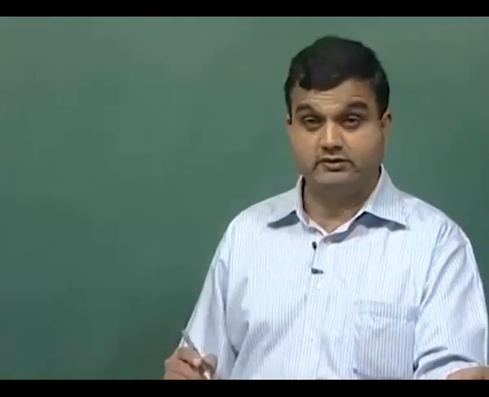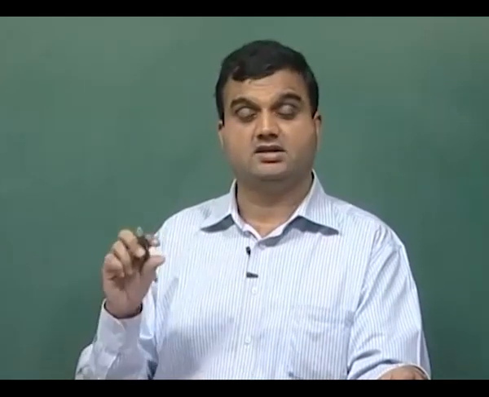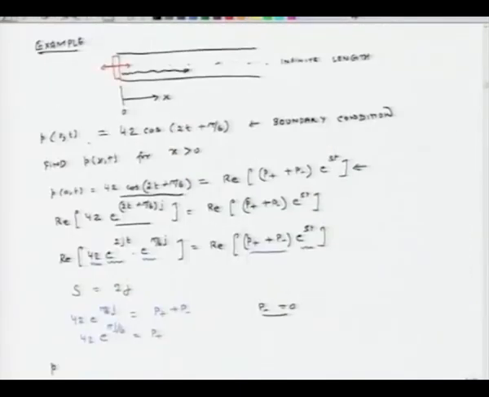So, now what we will do is rewrite the original wave propagation equation for a transmission line with constant cross section, and in that equation we will plug in these values. Revisiting this equation, we will rewrite it. So, P(x, t) is real of P plus e to the power of s(t - x/c), and we know that P minus is 0, so I am going to omit that term.